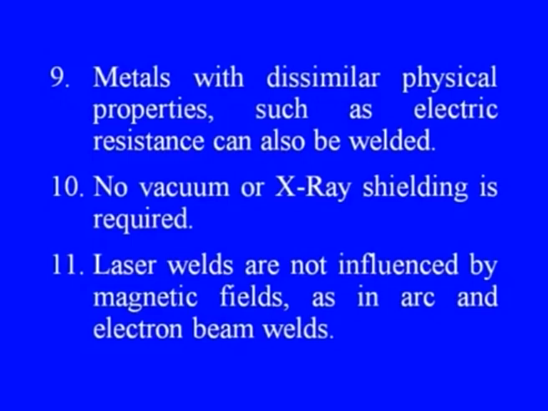Laser welds are not influenced by magnetic fields, as in the case of arc and electron beam welds, where the magnetic field influences the beam itself and can deflect the beam from the actual point of focus. But in this case it is not so.